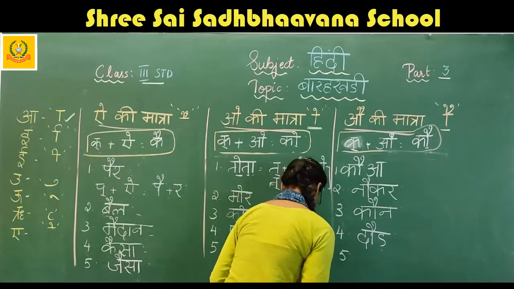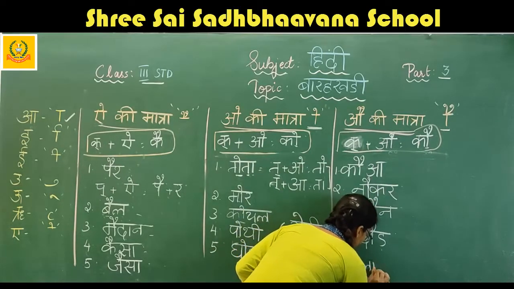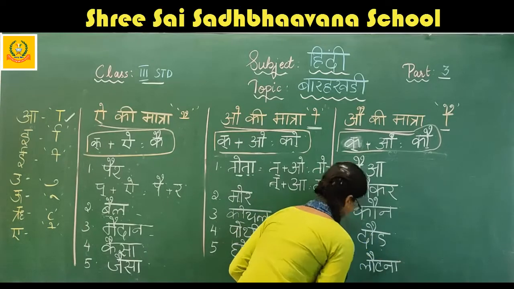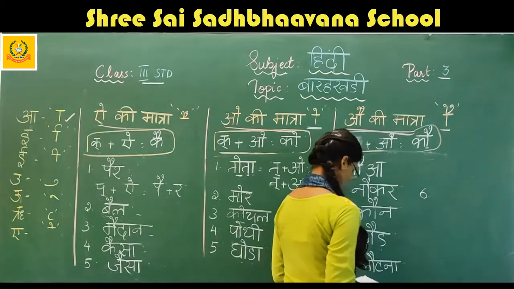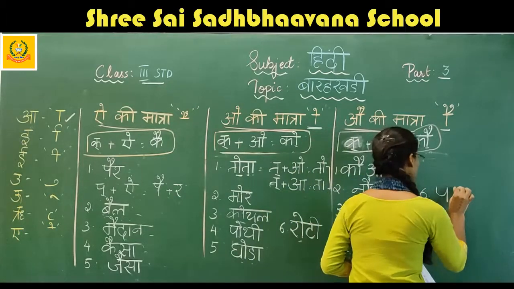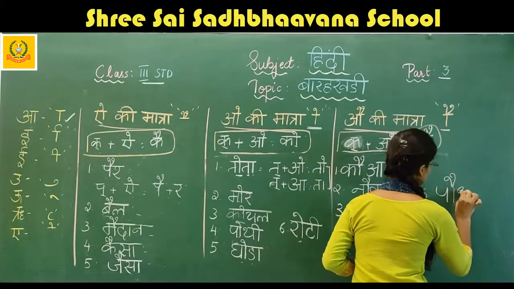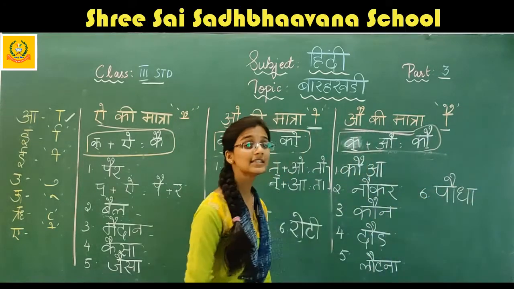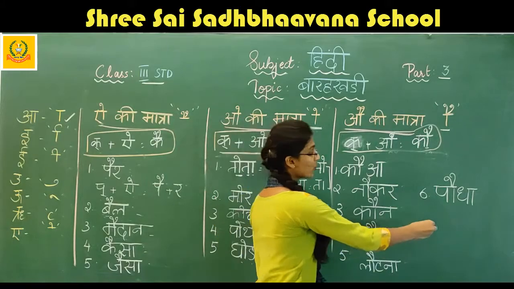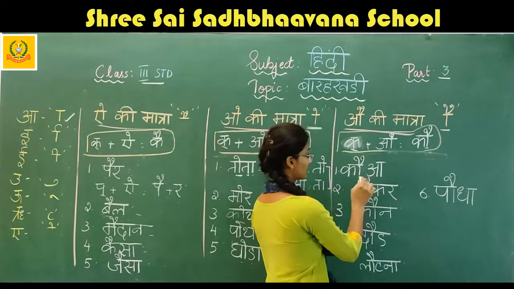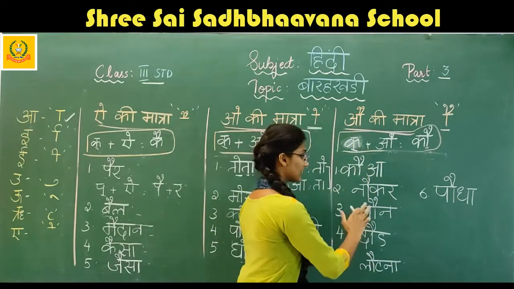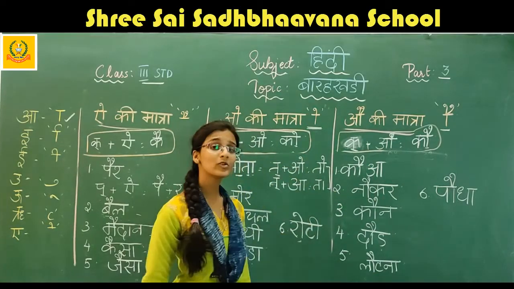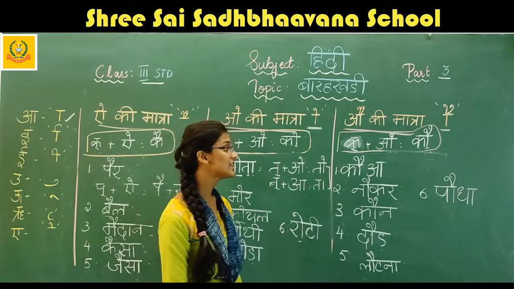Fifth one, lautna. Sixth one, pauda. See, when you read itself, you will be able to identify which matra it is, that is pau. Au it comes, au ki matra, cow, au ki matra, now, au ki matra again. Like that, you will be able to identify the letters.